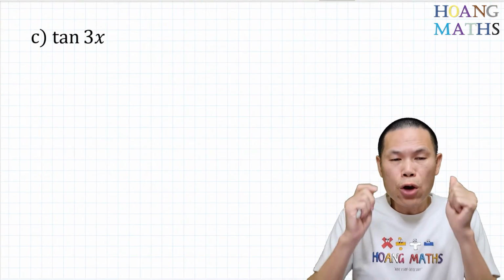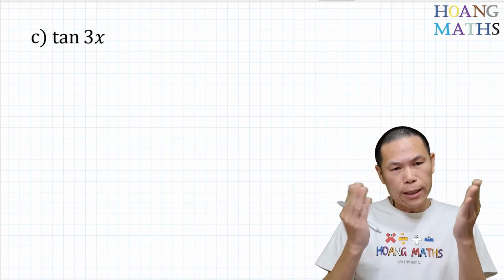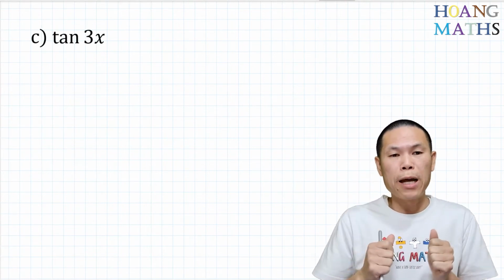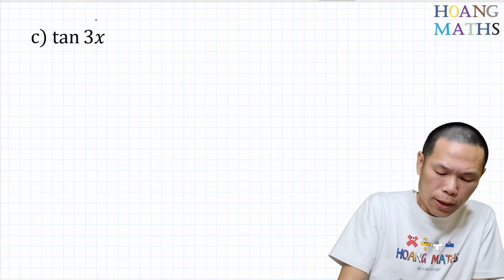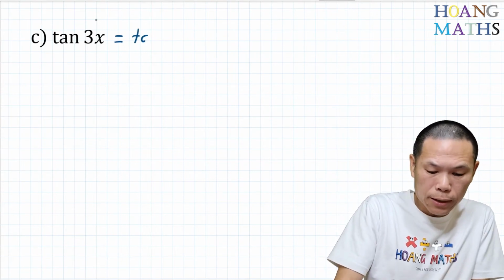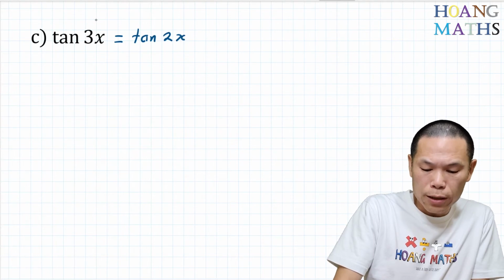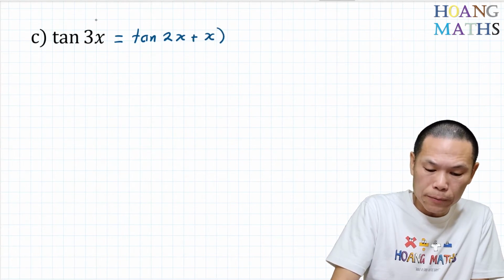So first of all, we know that tan of 3x is exactly the same as tan of 2x plus x, because 3x is equal to 2x plus x. So let me just write this down. That gives me tan of 2x plus x.